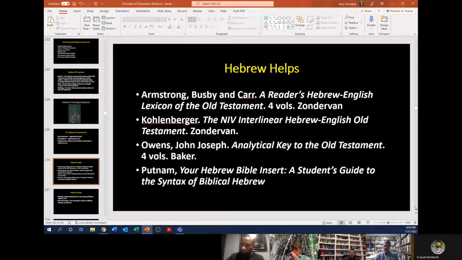Okay, and so the great thing about it, it's a translation guide. So if you're looking for help in translating your Hebrew, of course you can use Accordance or Logos. But the great thing about this, if you take a 3x5 card, you can put the 3x5 card over the parsing and the definitions of the words, and it just goes down word by word, each word for each verse of the Hebrew Bible.